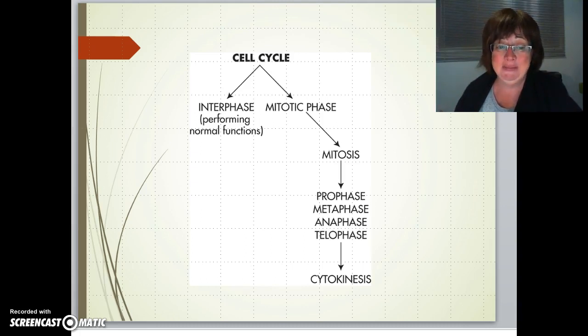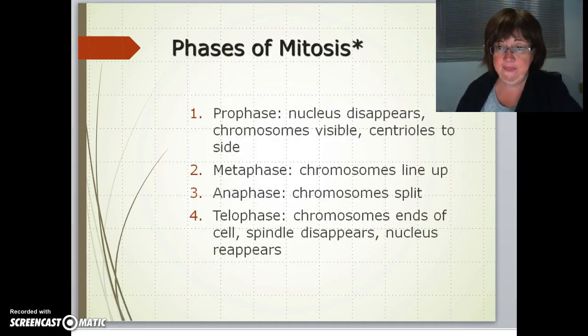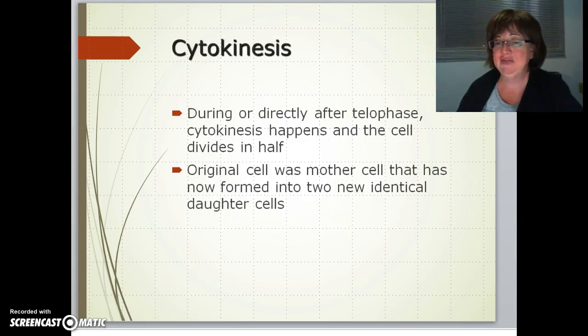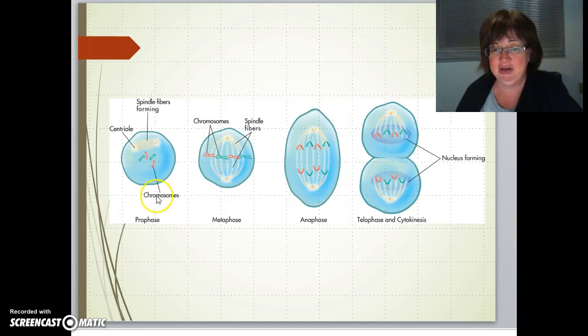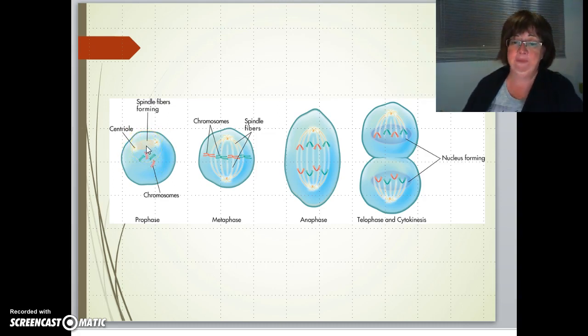Prophase is when the nucleus is disappearing, the chromosomes become visible, and the centrioles line up. Let's look at the picture here. Here's prophase. It used to have a nucleus here. The nucleus is gone. The centrioles are at the ends. The chromosomes are lining up and the spindle bodies form.